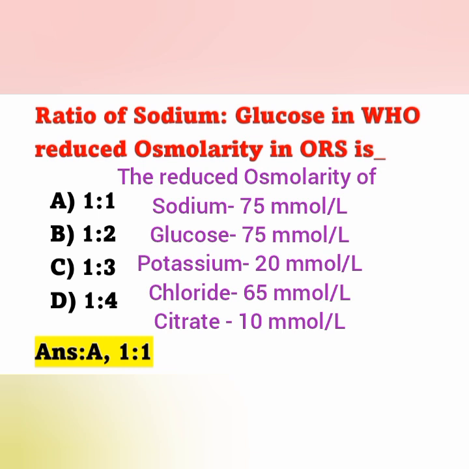The ORS contains electrolytes sodium, potassium, chloride, citrate and dextrose. Dextrose is glucose. The osmolarity of sodium is 75 millimole per liter and glucose also 75 millimole per liter. So 75, same ratio, it is 1:1. And the potassium is 20 millimole, chloride 65, citrate 10.